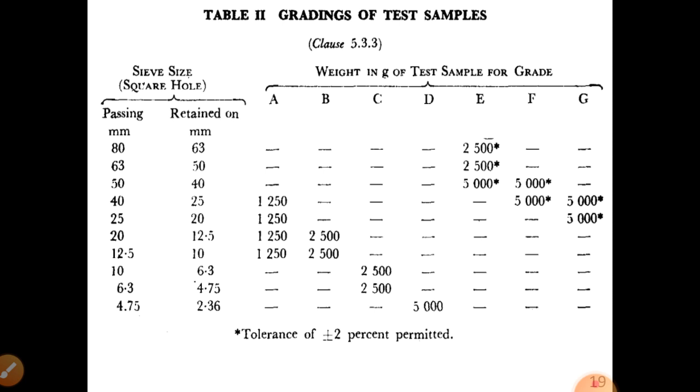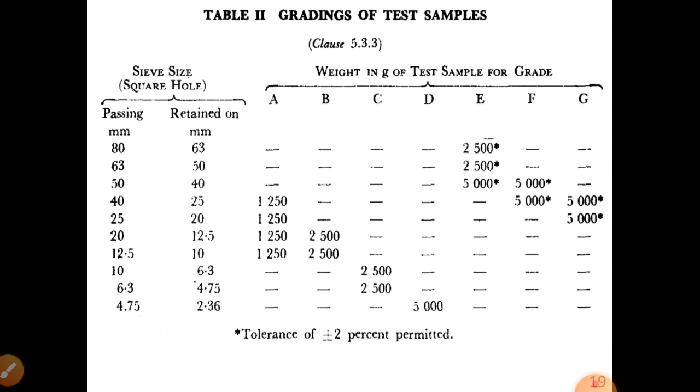Aggregates passing through 25 mm size sieve and retained on 20 mm size sieve, 1250 grams. Aggregates passing through 20 mm size sieve and retained on 12.5 mm size sieve, 1250 grams.